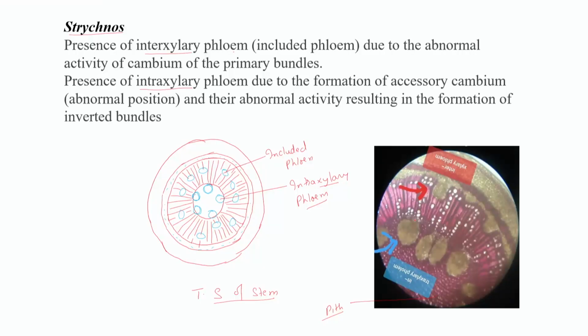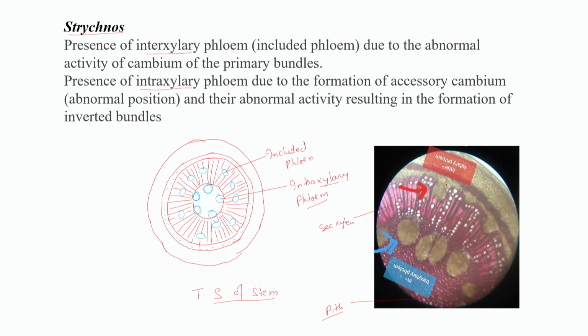So in the boundary of those pith cells, you can see presence of this intraxylary phloem, and just above the pith region you can see this is the secondary xylem, and you can easily make out that a lot of vessels are there. Here you don't find any conjunctive tissue, because you see that vessels are continuous in this entire band.